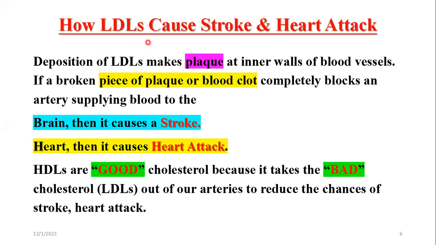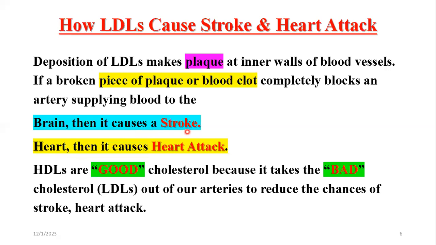Now we see how LDLs cause stroke or the heart attack. So deposition of LDL makes plaque at inner walls of the blood vessels. If a broken piece of plaque or blood clot completely blocks an artery supplying blood to the brain, then it causes stroke. If the artery going to the heart is blocked, the heart will not function, and this causes the heart attack.